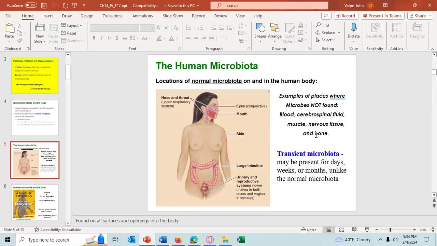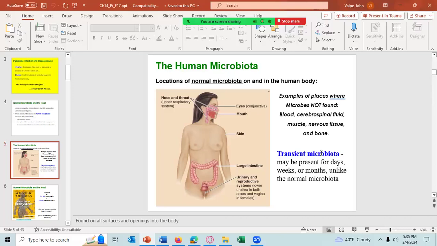So that was an example where I had a transient microbiota, which for, I don't know, a few days, weeks, maybe even a month or two, I had Staphylococcus aureus growing on my skin. Fortunately, my normal microbiota threw off the Staphylococcus aureus, and then it disappeared from my skin. So that was a transient microbiota. And I never got a skin infection, which I'm pleased to say.